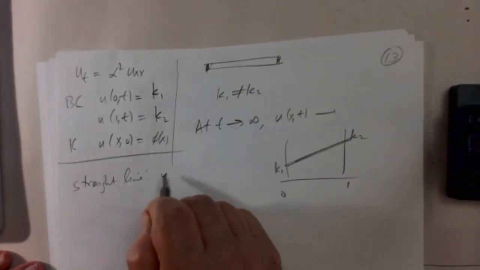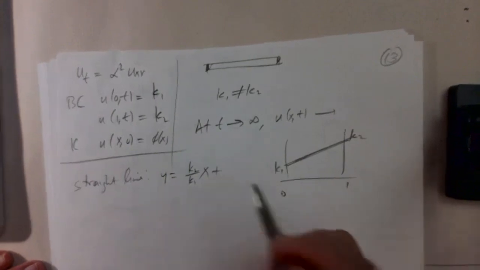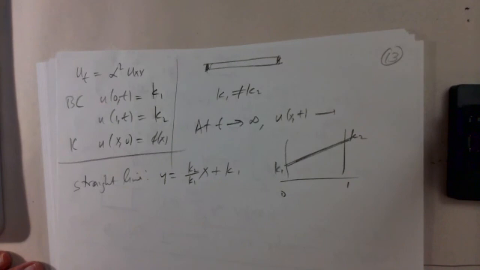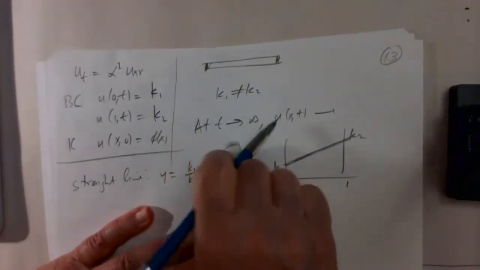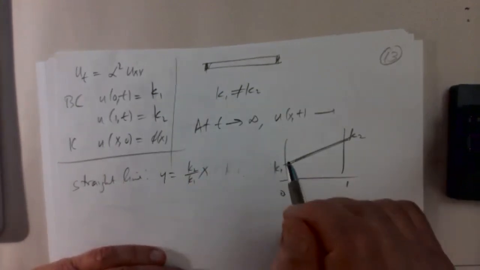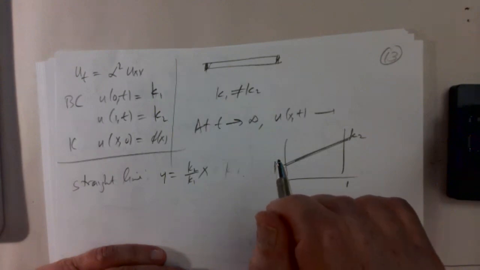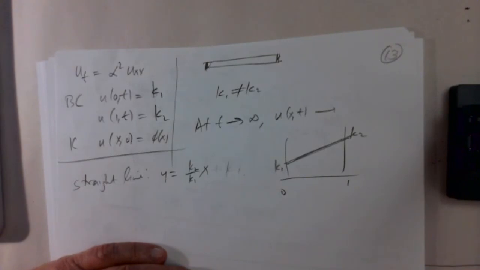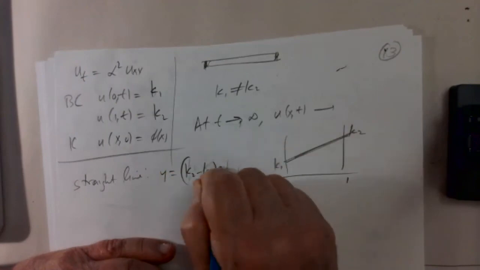By the point slope formula, y is equal to the slope times x plus K1. Oops, sorry, yeah. Slope is K2 minus K1 times x plus K1.